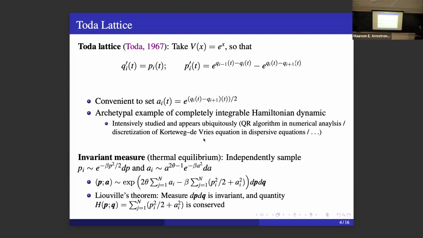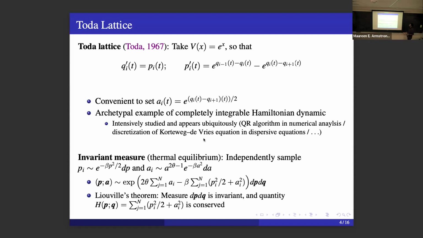This has been intensely studied and appears ubiquitously in mathematics. In addition to being a completely integrable system, which already has many mathematical aspects behind it, it appears elsewhere. For example, if you've ever diagonalized a matrix on a computer, you've probably used the QR algorithm, and that's very closely related to the Toda lattice.